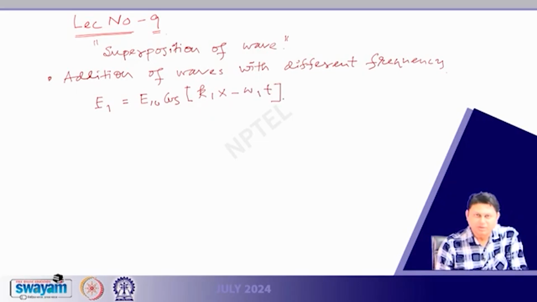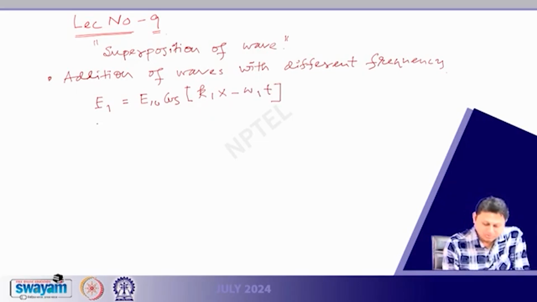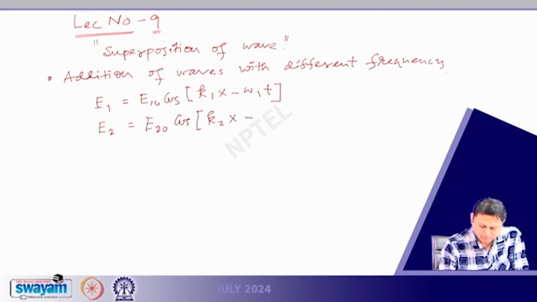Previously it was simply omega, but now we are going to discuss what happens if we add two waves. So instead of one wavelength, now we have two different wavelengths for two different waves. So next is E2 equal to E20 cos of K2x minus omega 2 t.